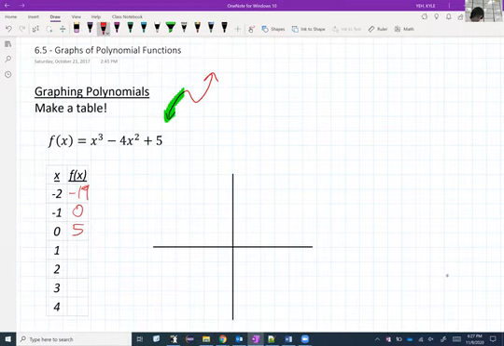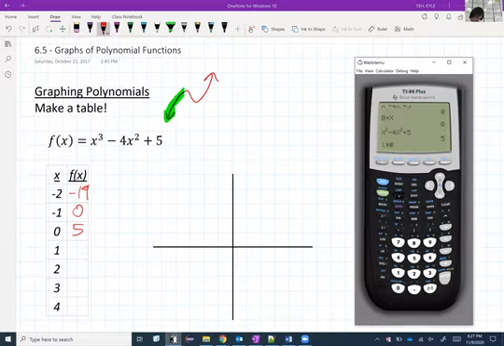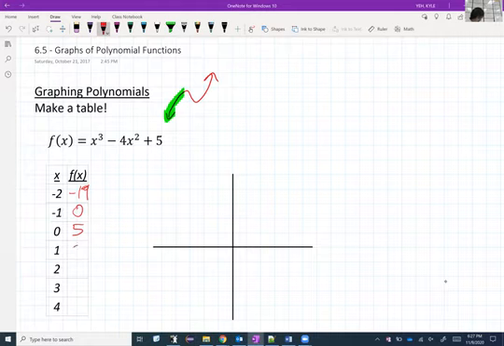If we plug 1 into our function, 1 store in x, we get 2. Now, if this were like a parabola or something, we would have found the shape. It went up and now we're going down. We're back down to 2, but we know there's a whole other part we need to look at.